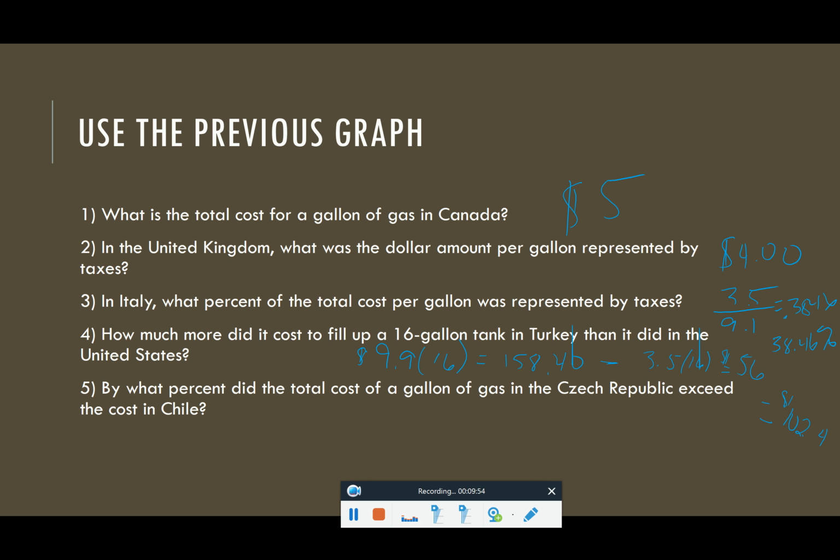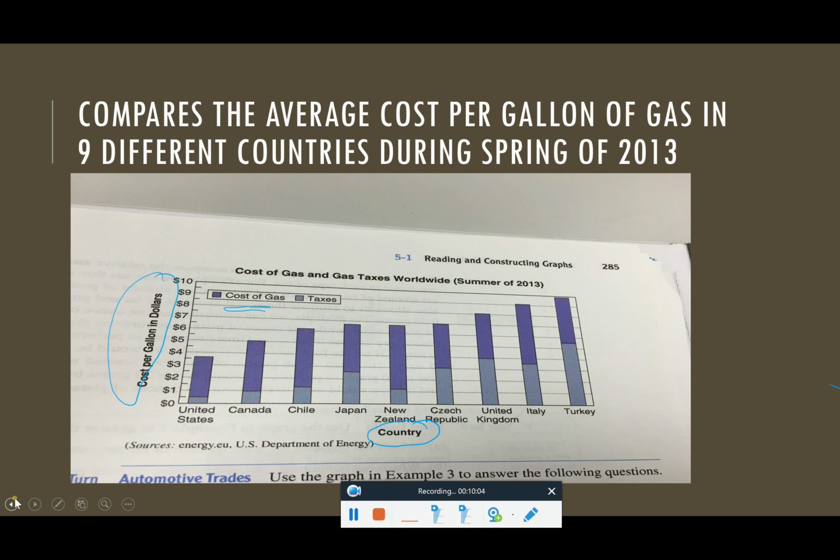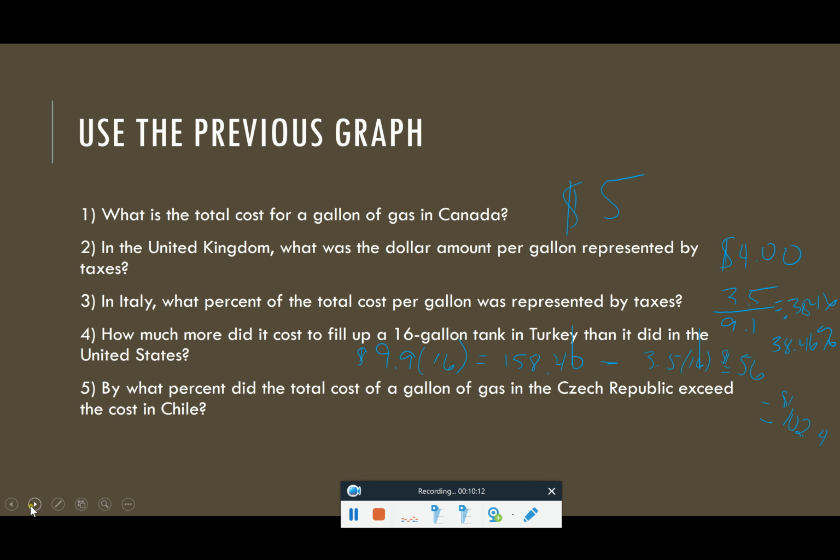By what percent did the total cost of a gallon of gas in the Czech Republic exceed the cost in Chile? So we're looking at a percentage again. Czech is 7. Chile is about 6.15 maybe.